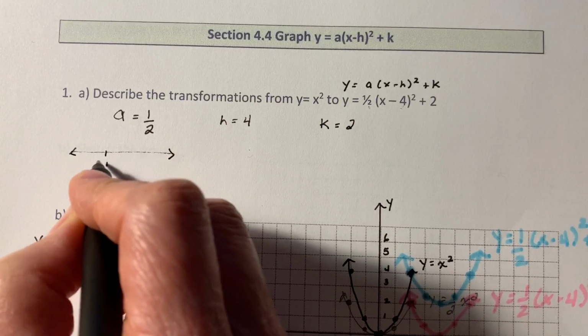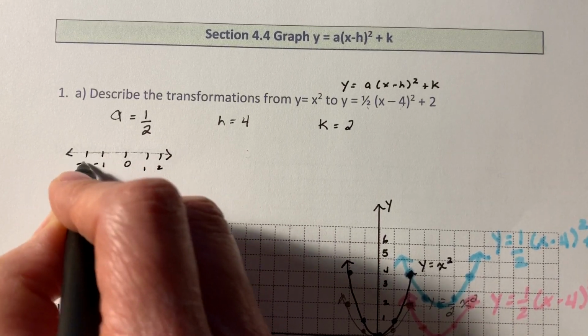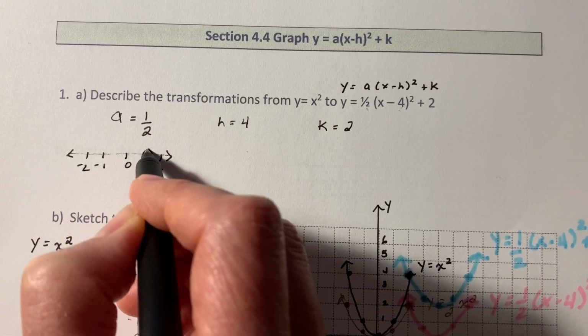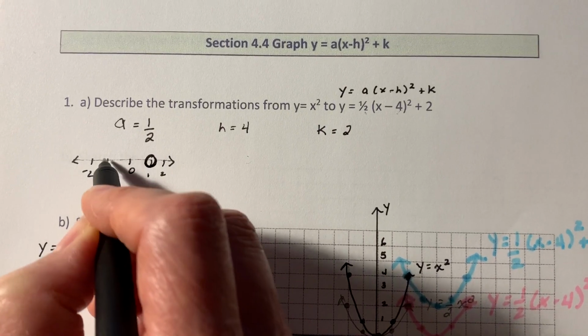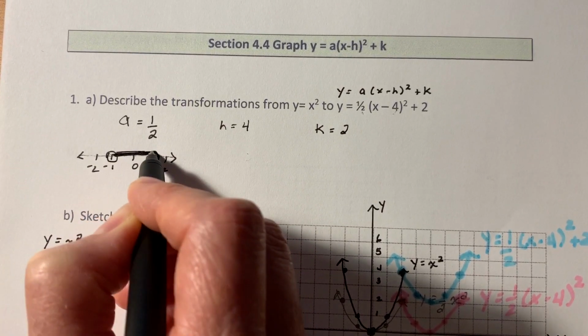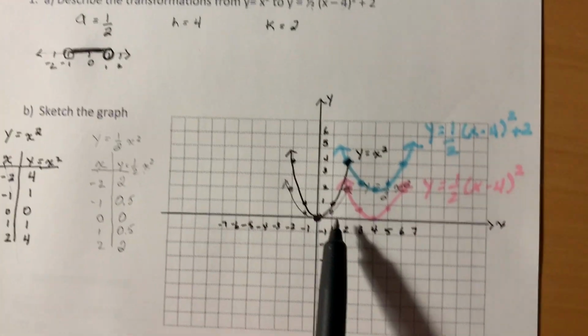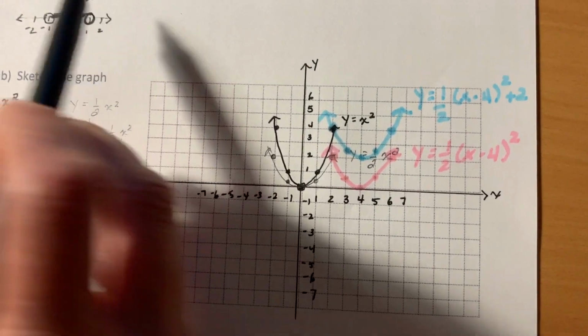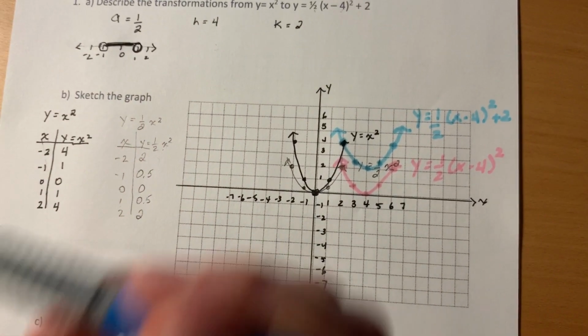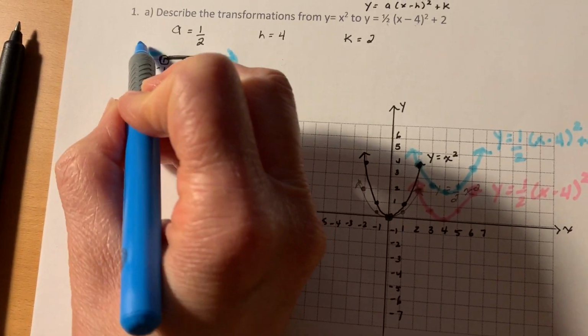So looking at your number line for a moment, here's 1, -1, here's 0, here's 1, here's 2, it keeps going. Any of these numbers in between 1 and -1 are all going to be compressions. They're all going to be wider. Anything bigger than that will all be stretches.